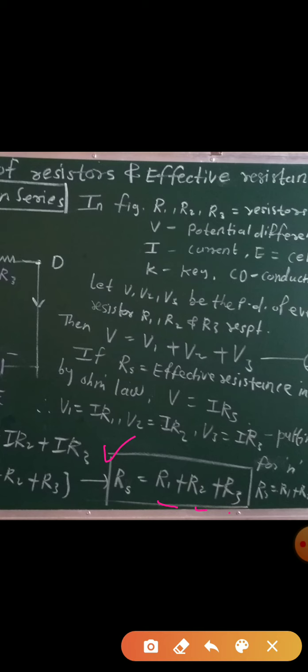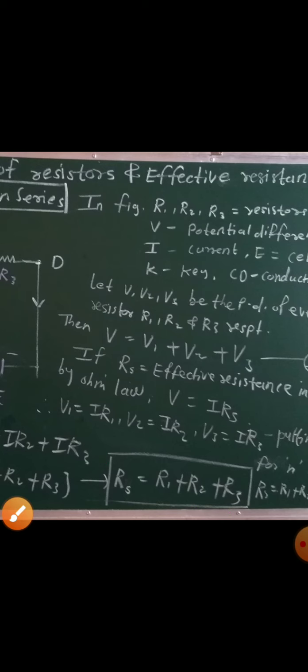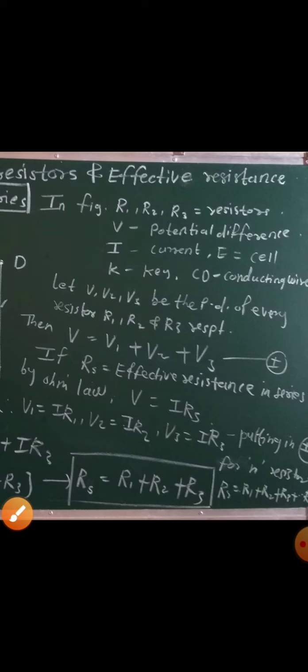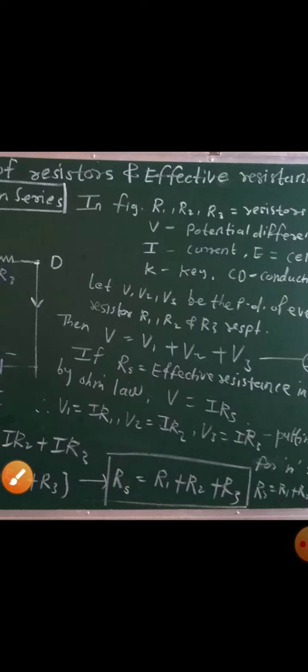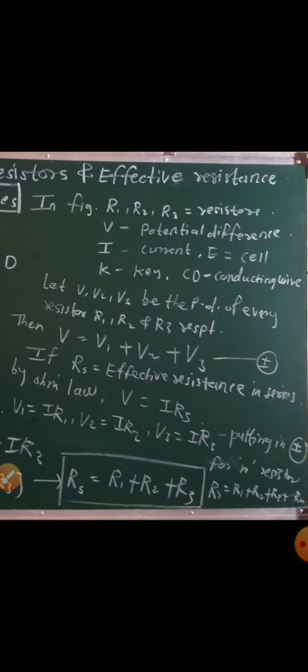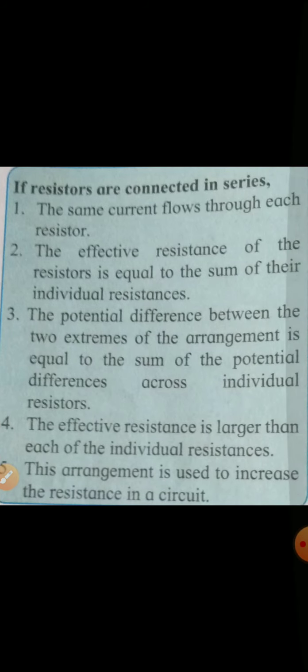If we connect a larger number of resistors, 10, 20, 100, meaning n number of resistors, then for n resistors Rs is equal to R1 plus R2 plus R3 plus up to Rn. Remember this. This is the mathematical derivation for resistors connected in series.